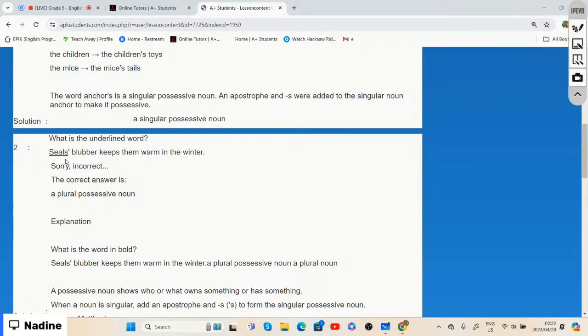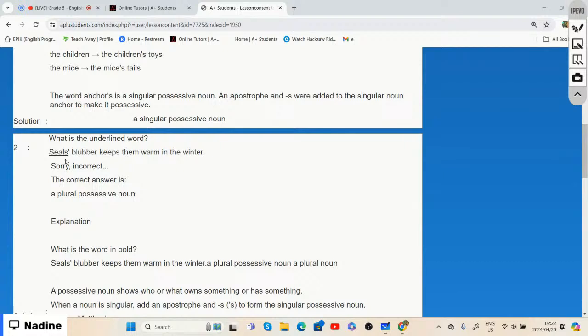Seals' blubber keeps them warm in the winter. Is it a singular possessive noun, plural possessive noun, or just a plural noun?